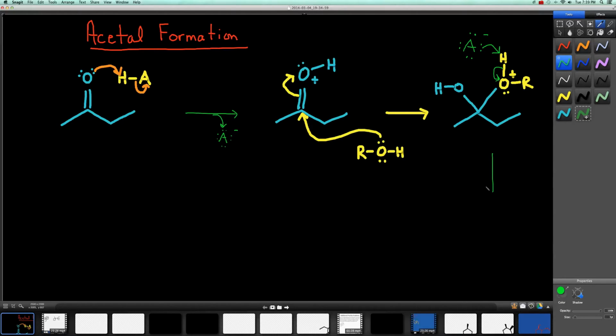So at the conclusion of this step, we have regenerated HA, so HA is truly a catalyst, and we have converted the carbonyl functional group to a hemiacetal. That is, the carbon that was formerly the carbonyl is now a half ether, half alcohol. We call this a hemiacetal.